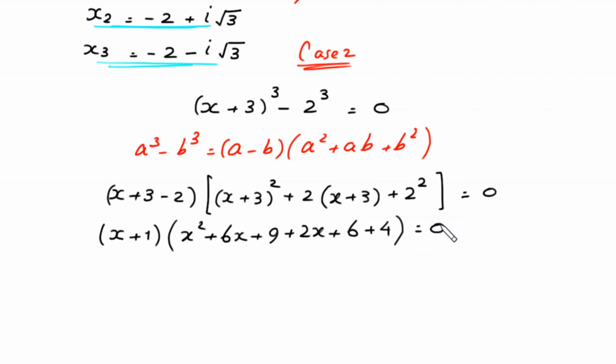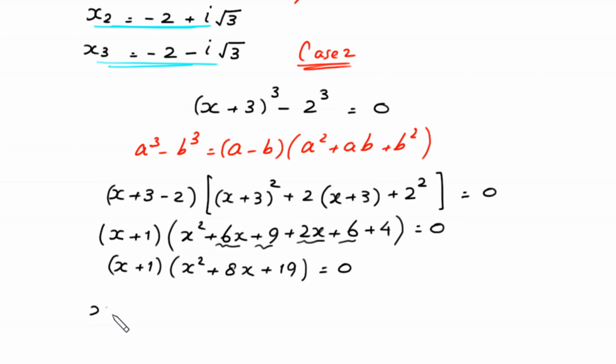Next, (x plus 1) times (x squared, this 6x plus 2x is 8x, and this 9 plus 6 is 15, 15 plus 4 is 19) is equal to 0. Now from here either this expression x plus 1 is equal to 0, or this expression x squared plus 8x plus 19 is equal to 0.